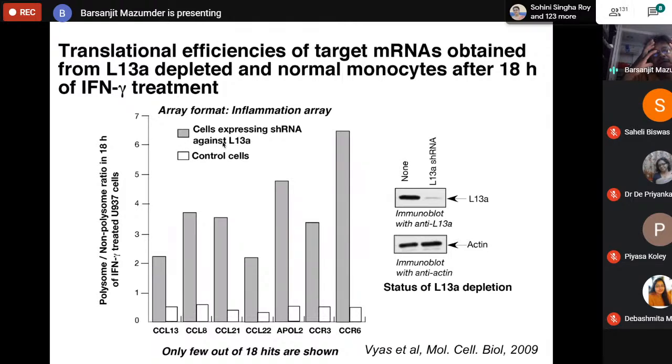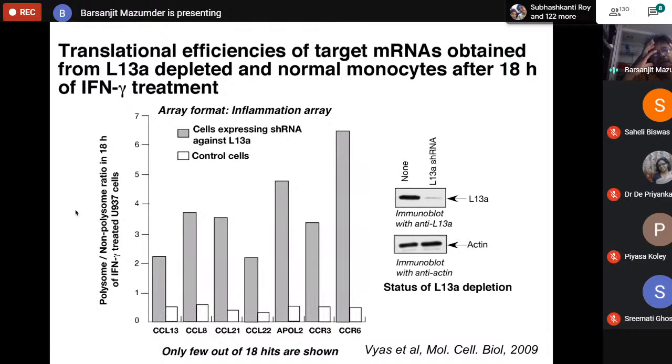And we can see that in the control cells, the ratio of these chemokine and chemokine receptor, very important proteins, takes part in the inflammatory response. These are the proteins that call the macrophage at the site of inflammation, and then sustain inflammation. And those macrophages will make these molecules to kill the invading microorganisms.